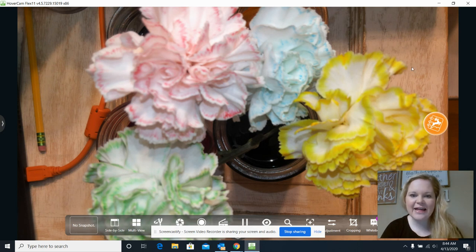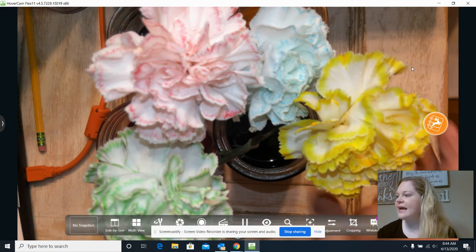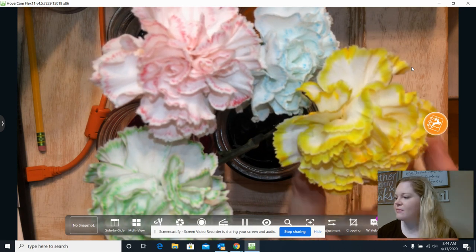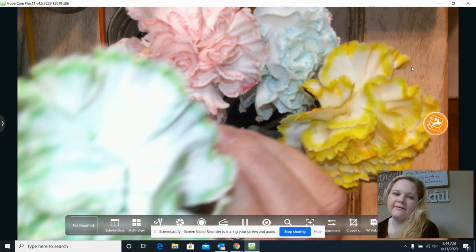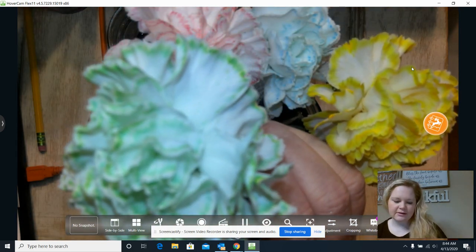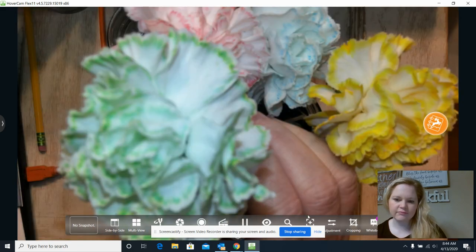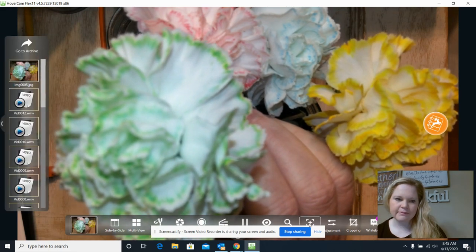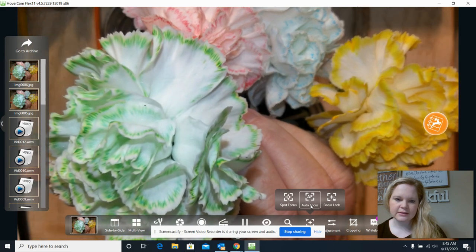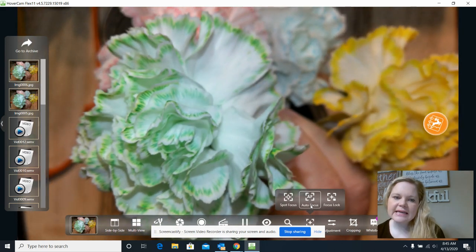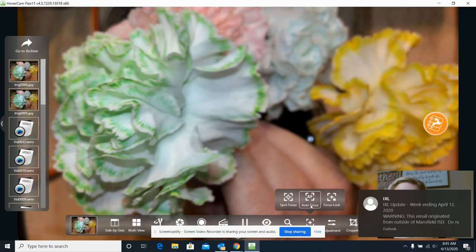Look at these flowers. The ones we put in the yellow dye made a yellow flower, and the ones we put in the green dye made a green flower. Here, let me see if I can focus this better. There we go. You can see how little lines on the flowers were made.